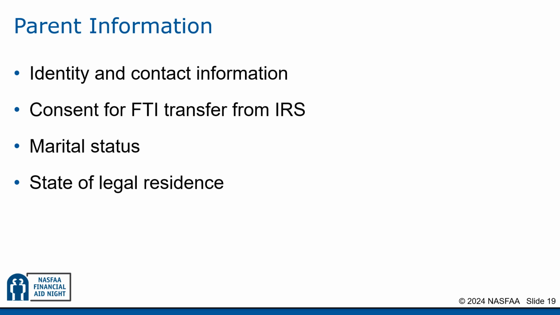Just like with the student section, it'll go through and prompt the parent to enter identity and contact information. It'll also, again, ask the parent for consent to transfer that IRS data into the FAFSA. It'll ask for info about the parent's marital status, and then also some information about the parent's state of legal residence.